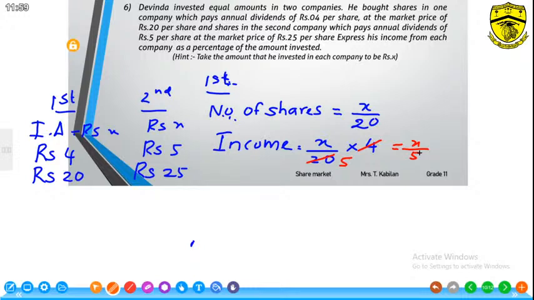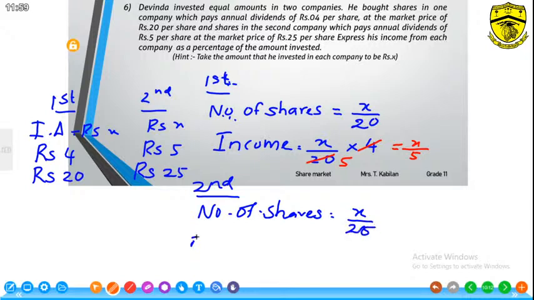Similarly, in the second company, what is the number of shares he bought? How do we find the number of shares? Here also an equal amount is invested, that is X, divided by the price per share, 25.